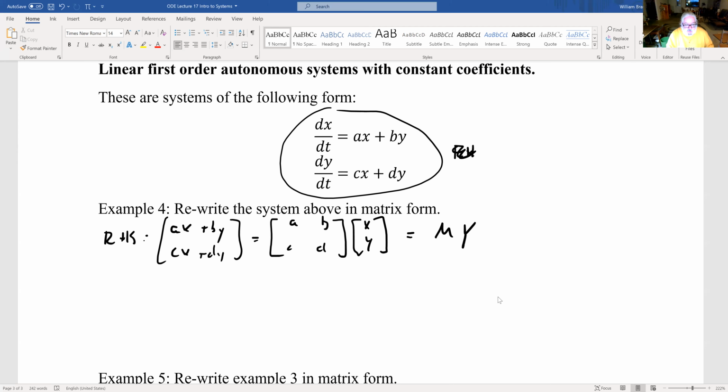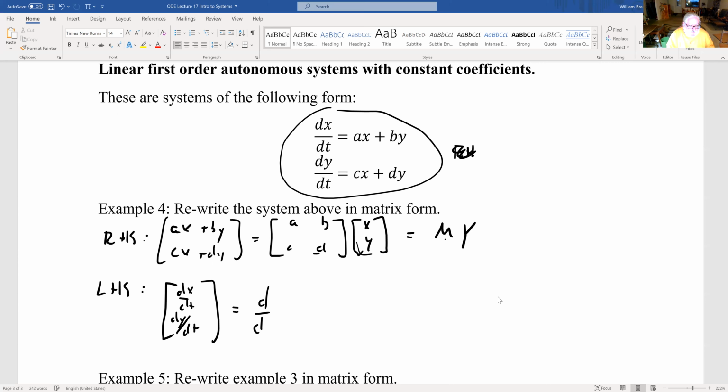So I'll call this matrix here M. It's a matrix of constants. This is x, y. We'll call that capital Y. The left-hand side, then, if we think of that as being a vector, it's dx dt, dy dt.